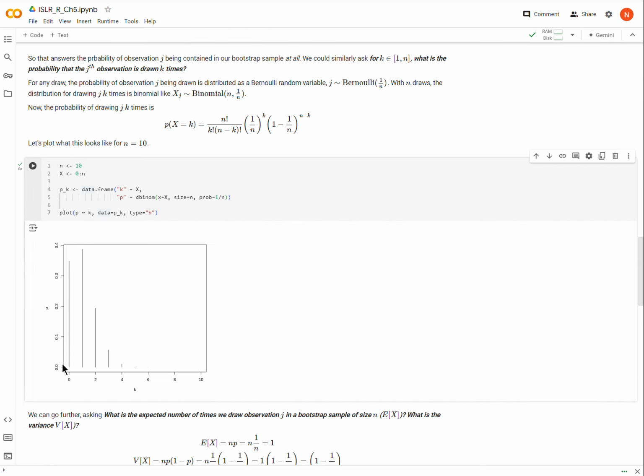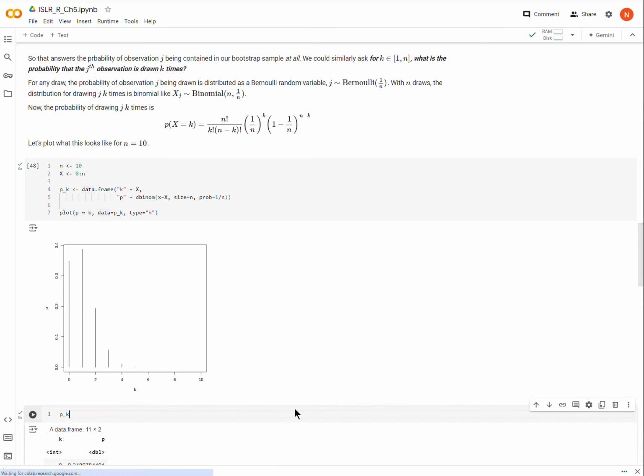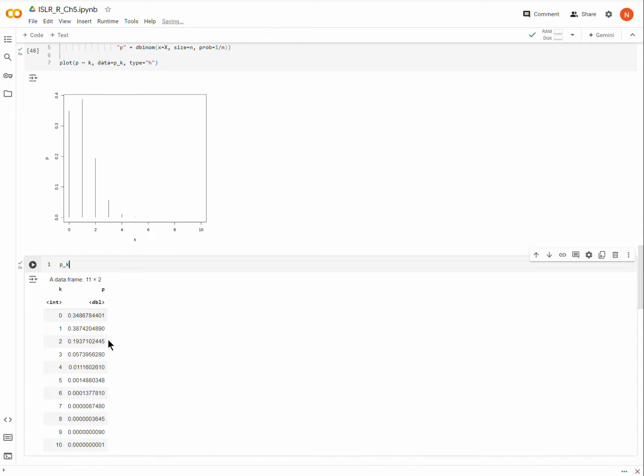So the way that we read this is we say that the probability of j being in our sample 0 times is about 0.35 or so, and then about 0.4 for once, about 0.2 for twice. And we could get the exact values if we just looked at the data frame. So the probability of it being 0 is about 35%.